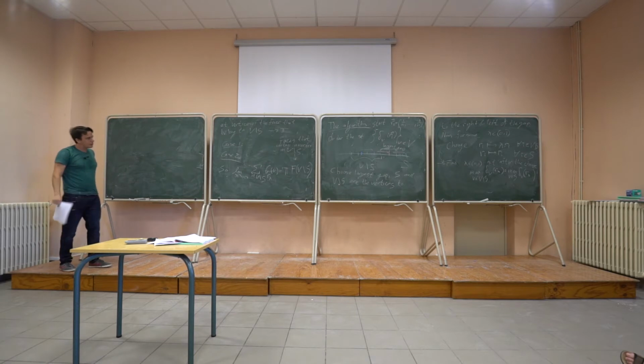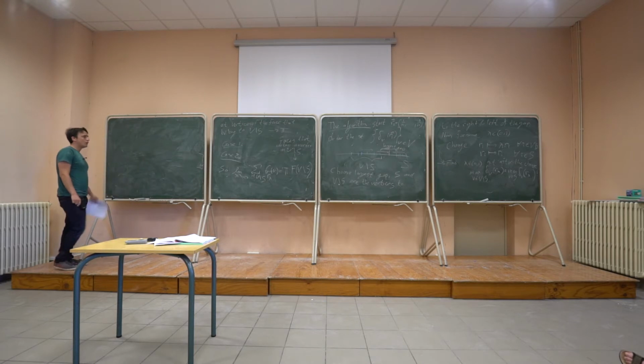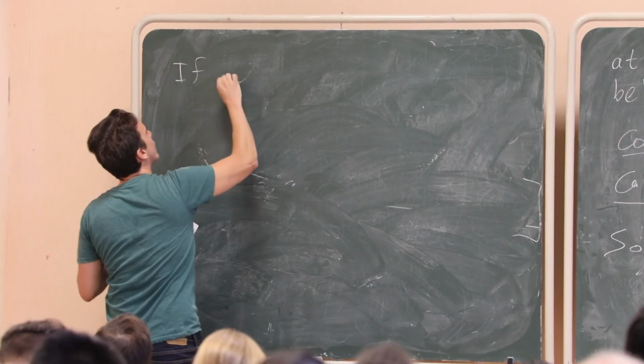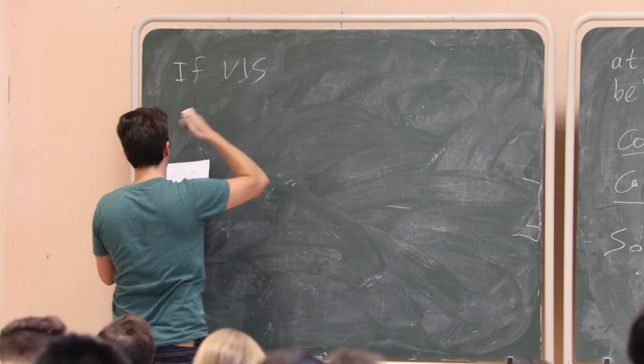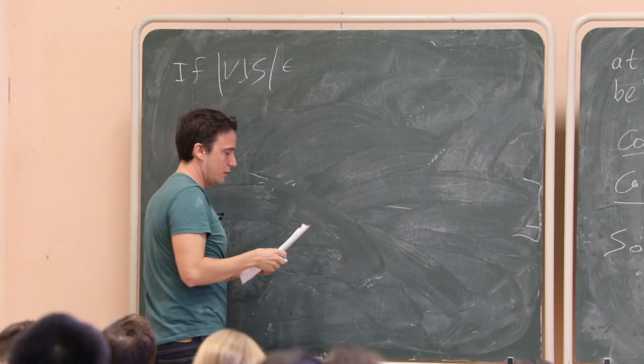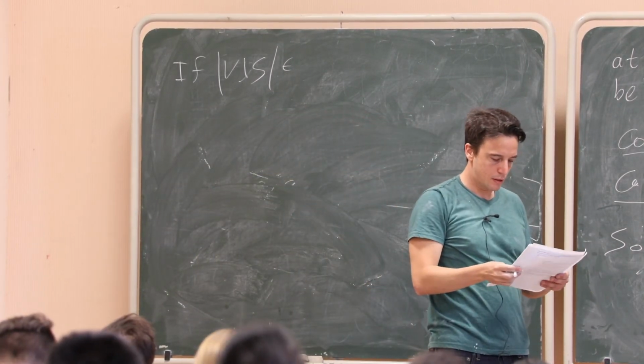Right, so let's look at a few cases. What happens if... let's say if the cardinality of V minus S is... wait, am I looking at the wrong place?